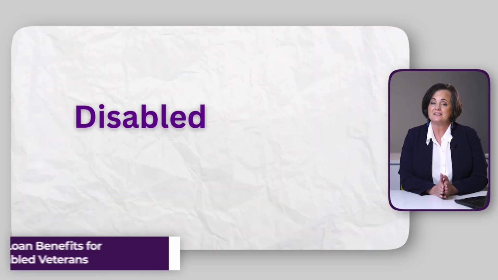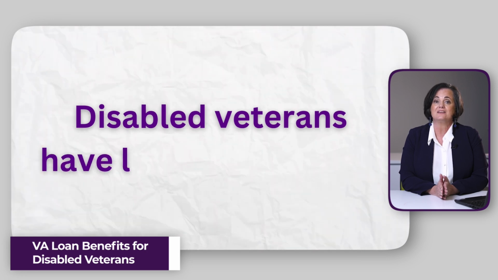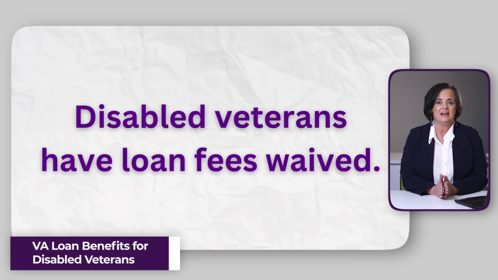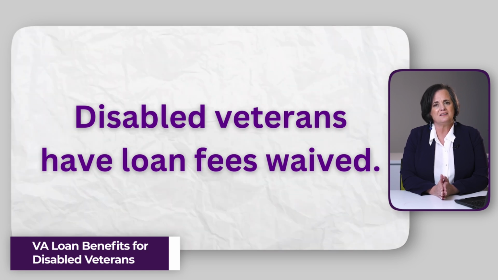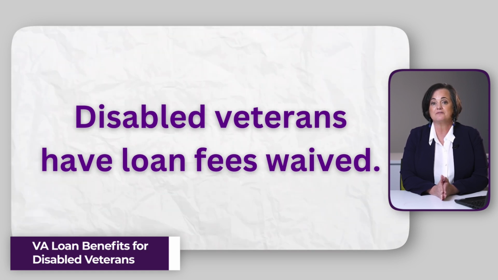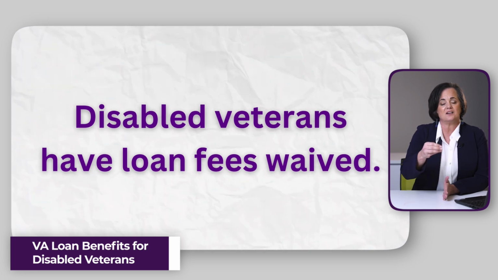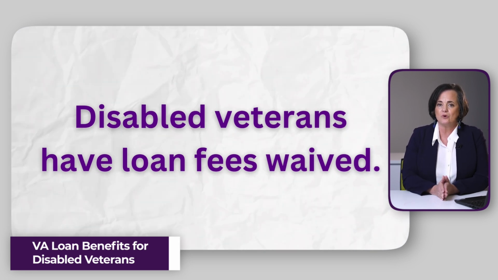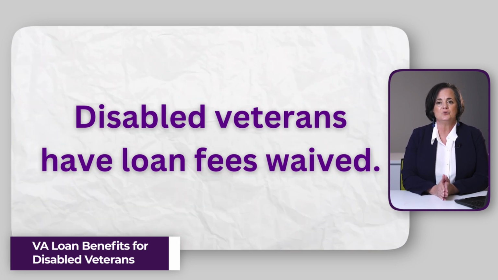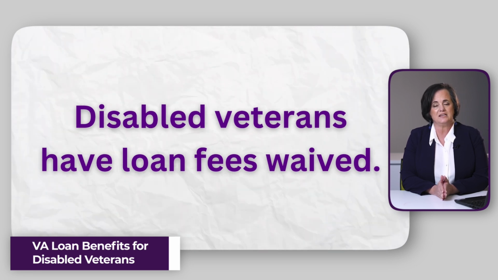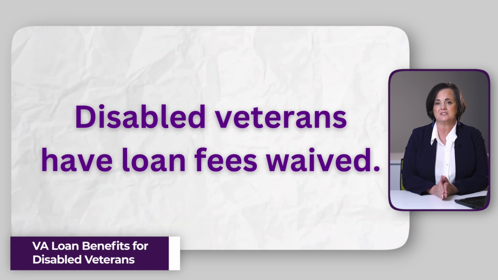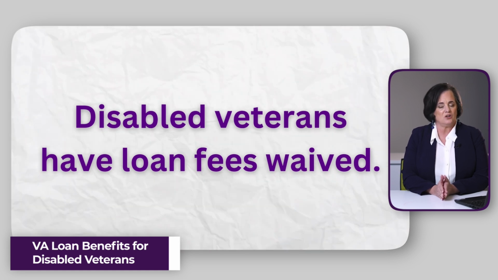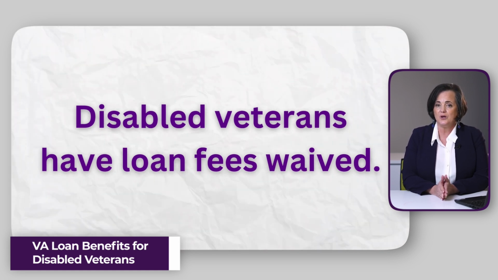Now, veterans that are disabled receive an even bigger benefit, and they won't have what's called a funding fee. So one thing that VA loans do have is a funding fee that's tacked on top of the loan. So for example, if you are a first-time user of VA benefits, there's a 3.15% fee that's called a funding fee on top of your loan.